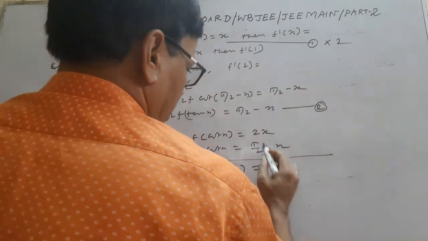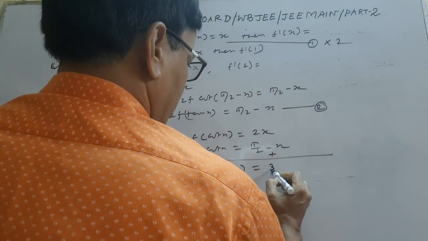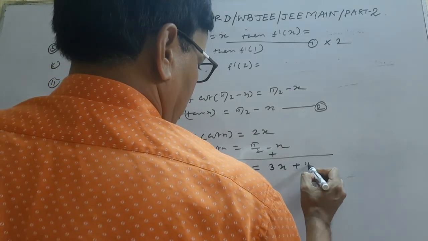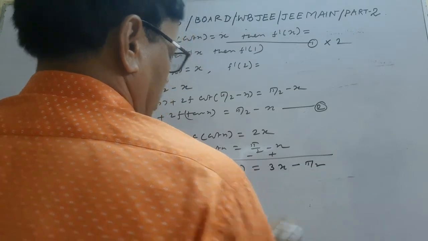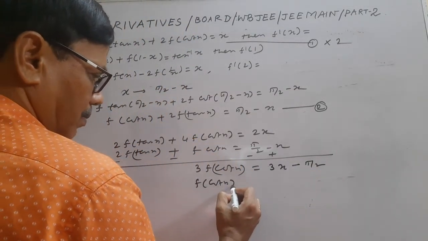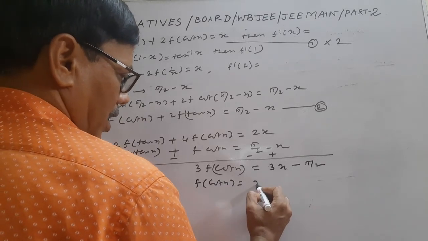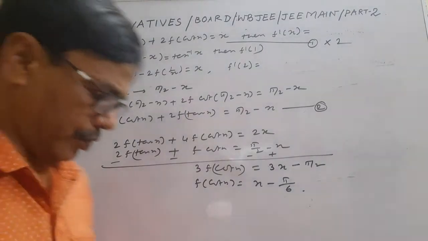So we are getting 3x minus pi by 2. So what is f cot x? X minus pi by 6, dividing by 6.